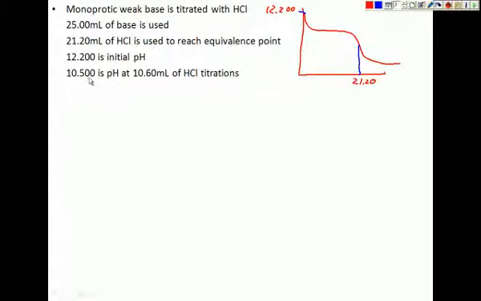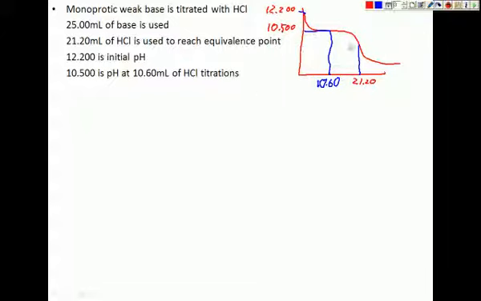At 10.6 milliliters, the pH is 10.500. This number is half of the equivalence volume, so this is our pH half, 10.500.